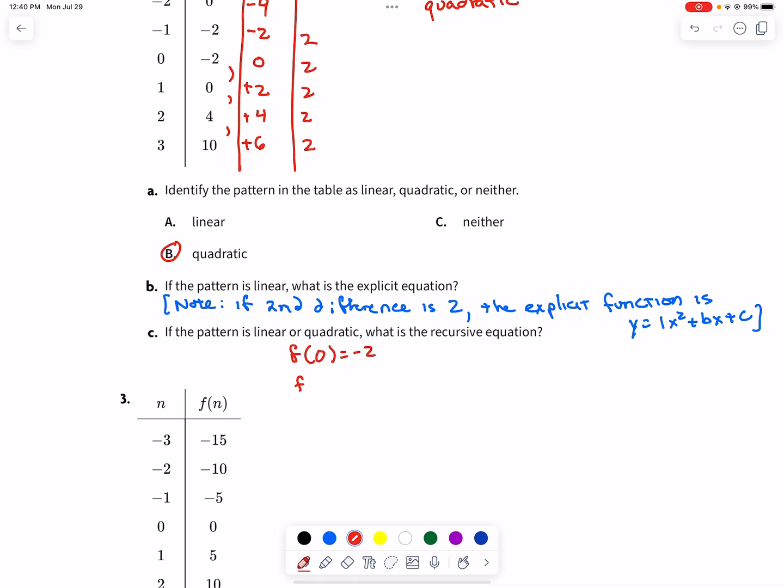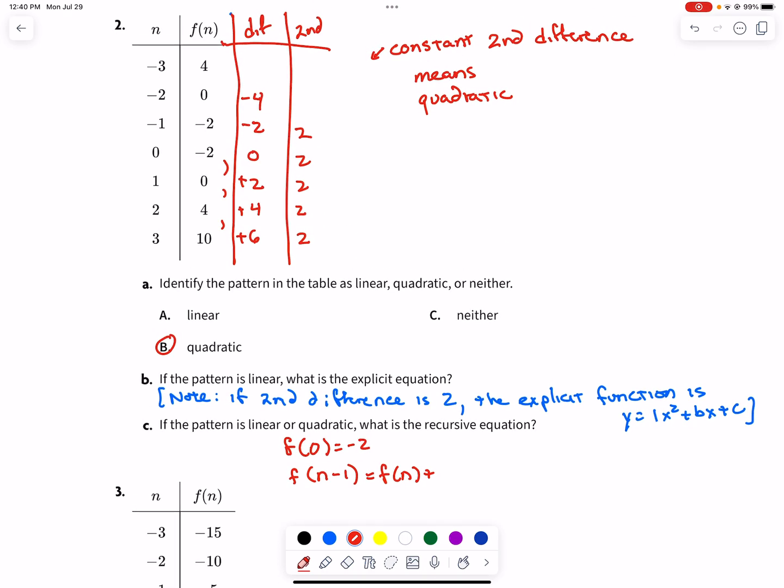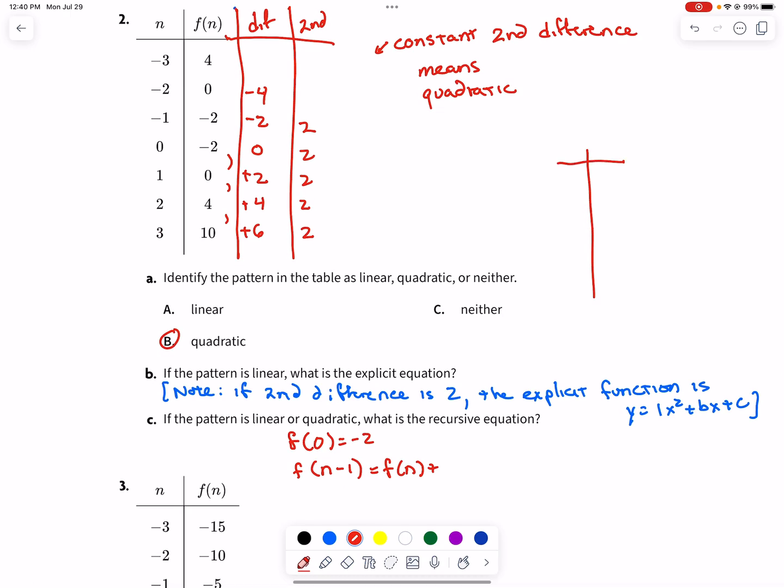And then to get to the new term, okay, so here's how I'm going to show you how to do this. We're going to make a new table using just the original x values and then the difference. And we're going to make a function out of that.